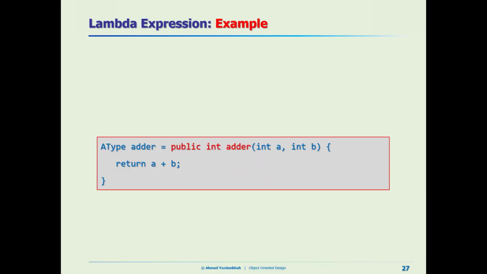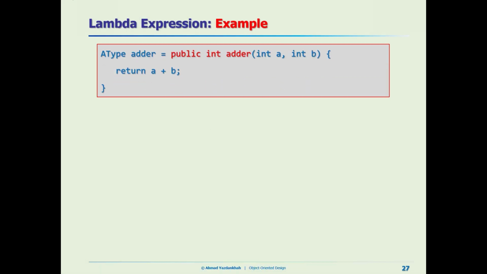Okay, so here is a very simple example. We have an adder here, and in this adder we pass two parameters, a and b, and we just return the summation of them. So it's very simple.